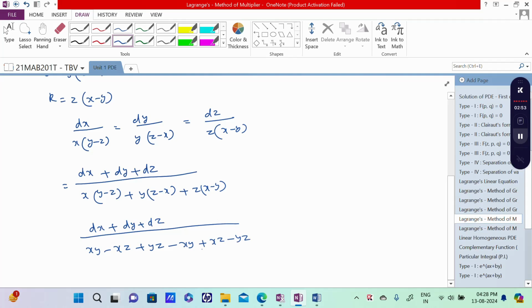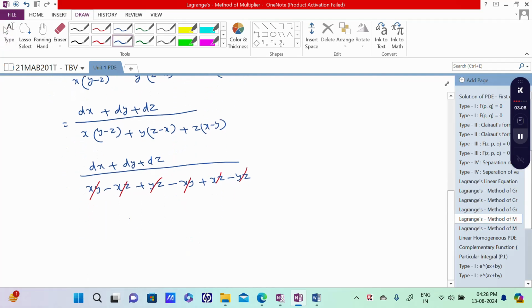Now I check for common terms: xy cancels, xz cancels, yz cancels. Therefore we have dx + dy + dz = 0.